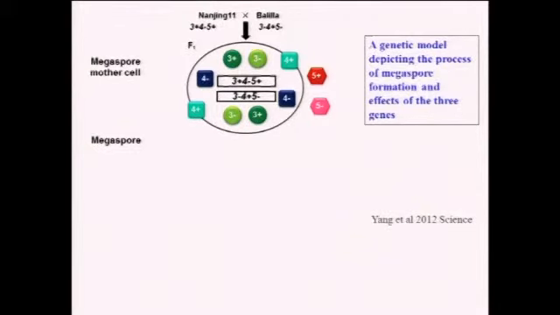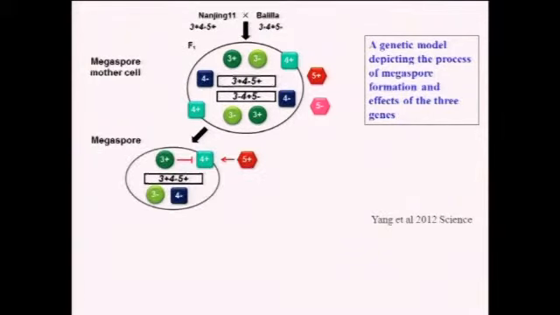So the good ORF4, which is wild type, would be functional at the membrane, and then the mutant would not be localized at the membrane. That is at the time before meiosis of the hybrid, or at the time of meiosis. And after that, in the megaspore formation stage, these two would separate.